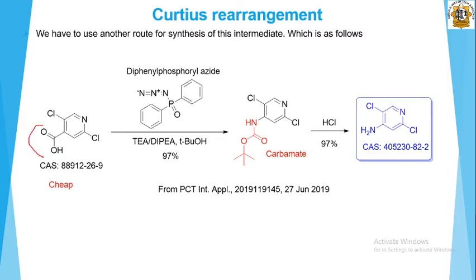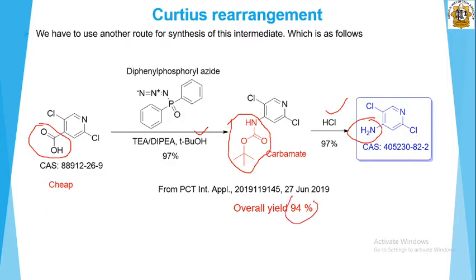This is a latent amino group, or you can say a precursor of amine. If you use these conditions, you will get a carbamate here, because we are using tert-butanol as a solvent or nucleophile. We'll discuss it afterwards. Then you can deprotect it to get the amine, and this has an overall yield of 94%.